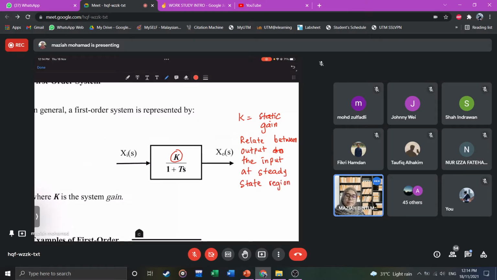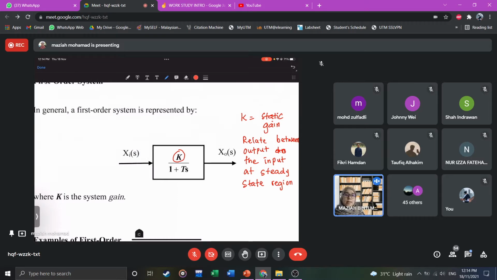We already discussed that the time response has two parts: the transient region and the steady state region. K here is a static gain, so it relates the output to the input at steady state, meaning we only consider the steady state region.